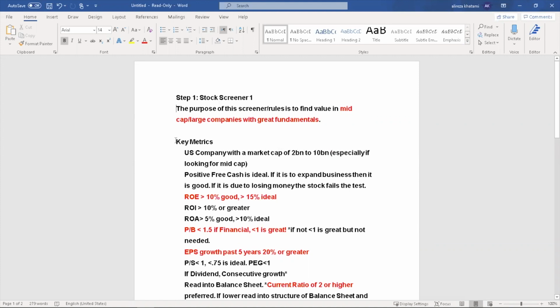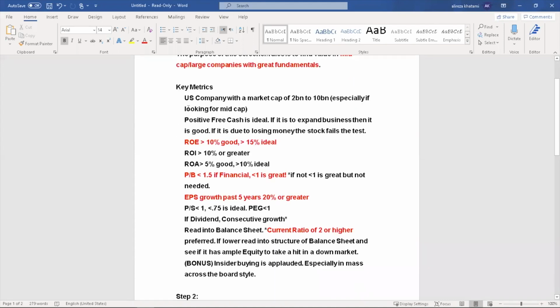And then you have different metrics to look at in the financials and the fundamentals. So we have the cash flow. You want positive free cash flow. That is the ideal. You don't have to set that as a metric, but you want the free cash flow to be positive.